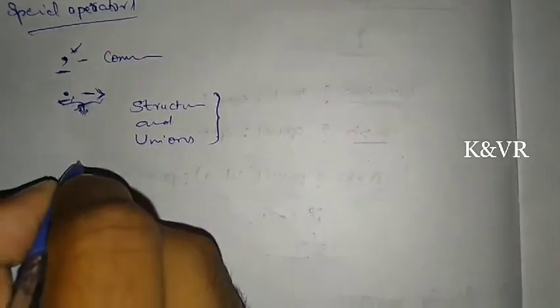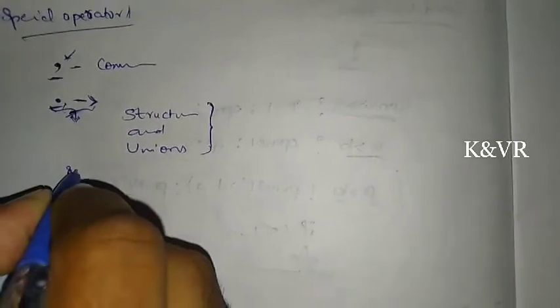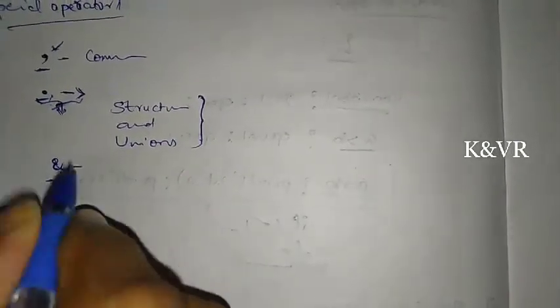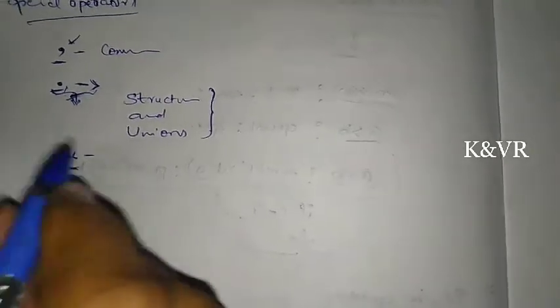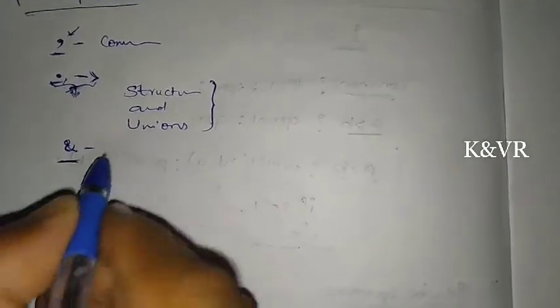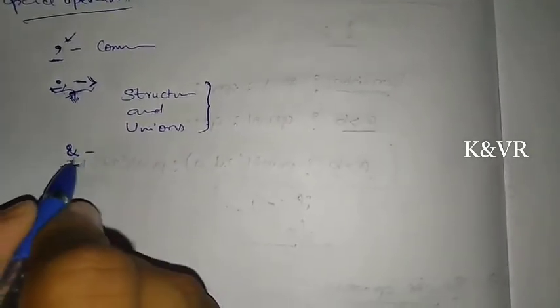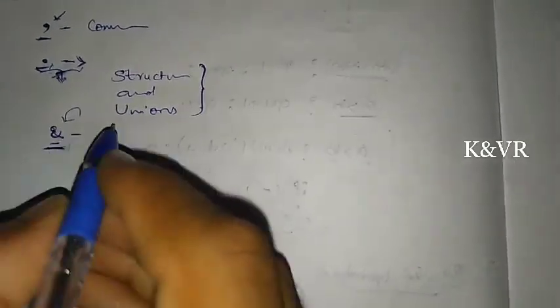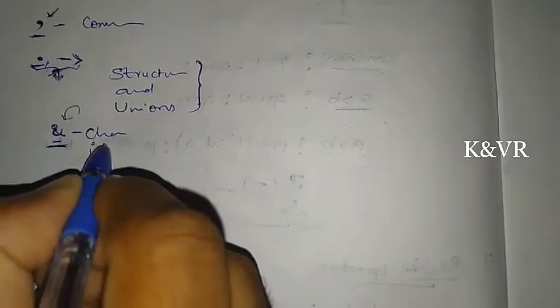And the next one is the address of operator. This is called the address of operator. We use it in scanf to store some value at the address of a variable. The variable may be a character or integer or whatever.